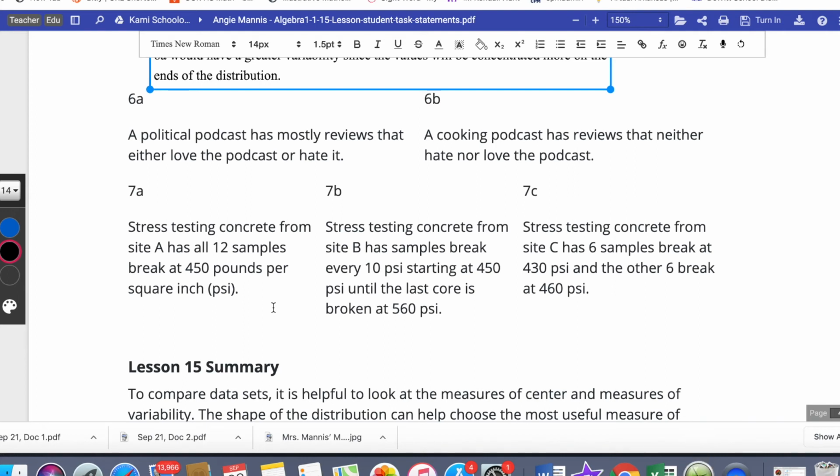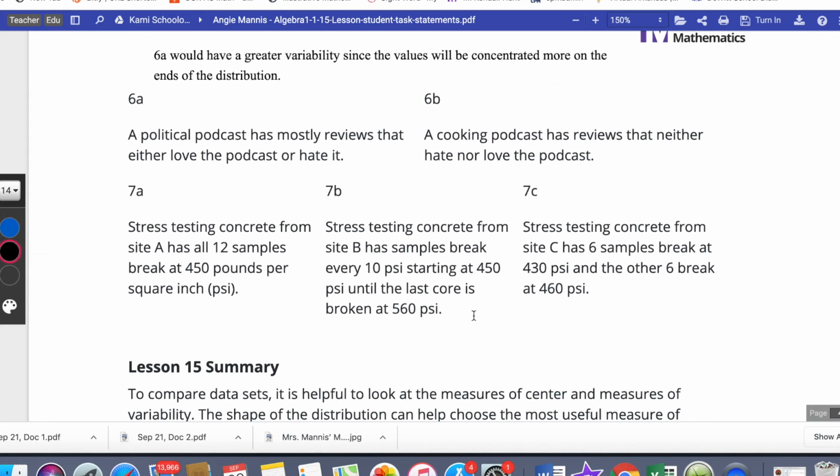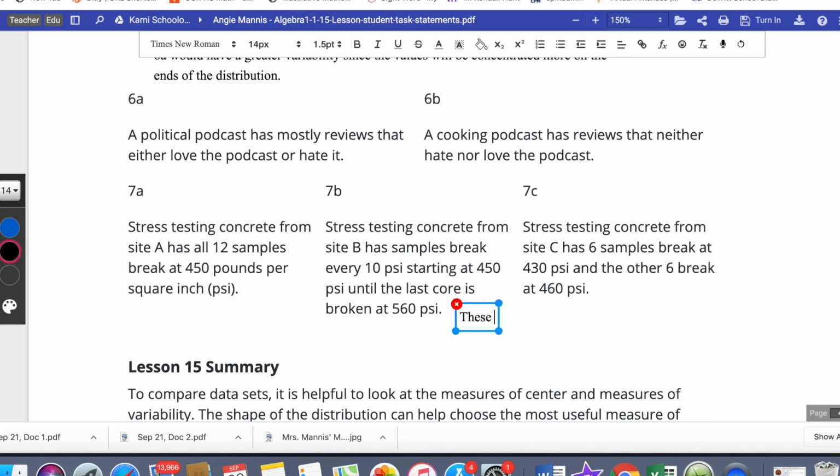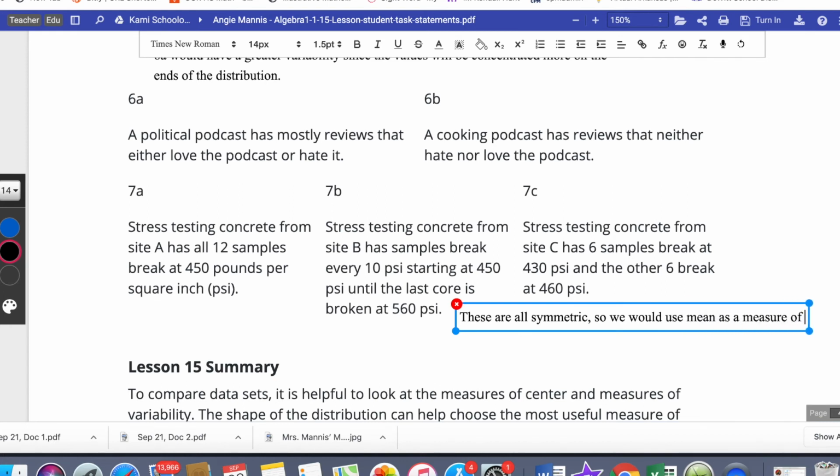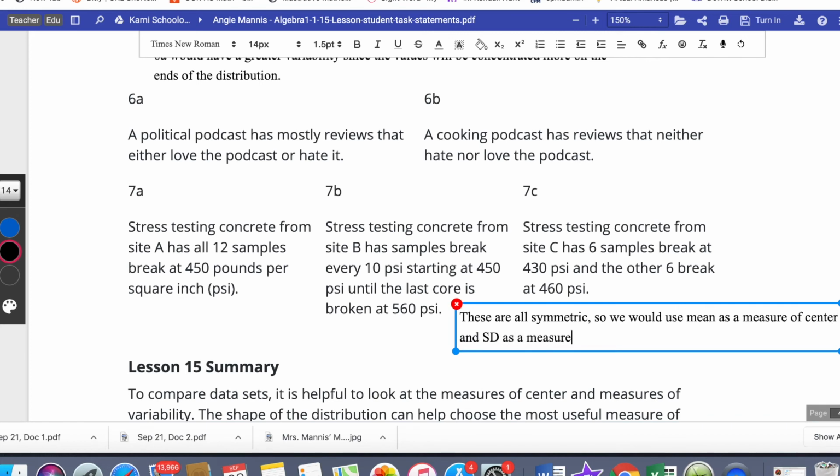So these are all three symmetric data distributions. These are all symmetric, so we would use mean as a measure of center, and standard deviation as a measure of variability.